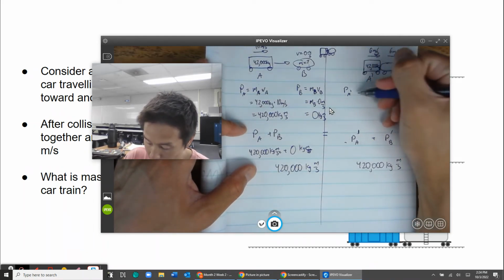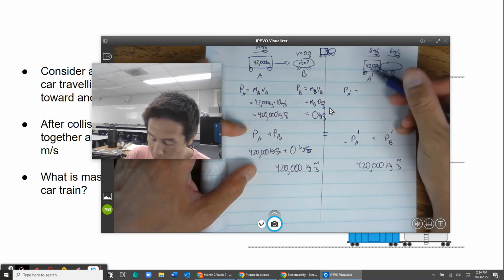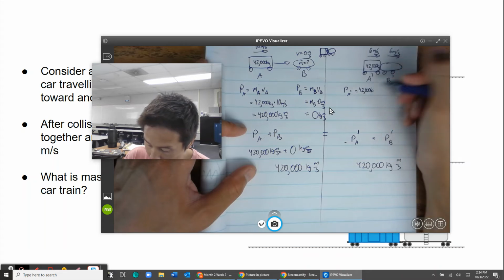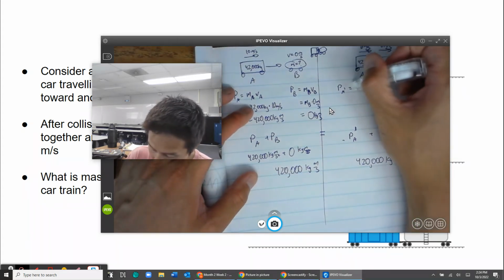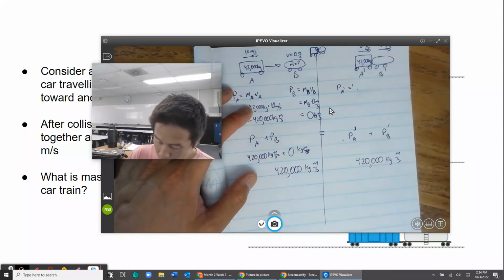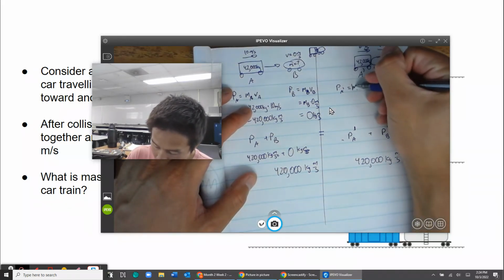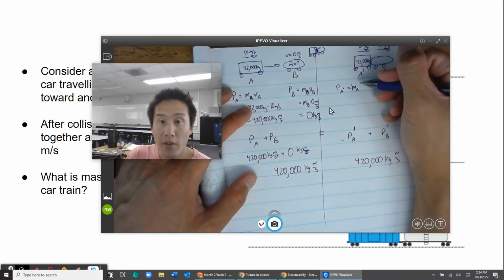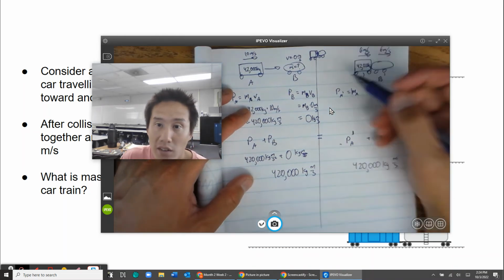So let's break down some things here. PA prime, or the momentum of this after, is actually going to be, I'll write the variable. Remember, we do M of A, and I could say prime like after, but the mass is just the same.